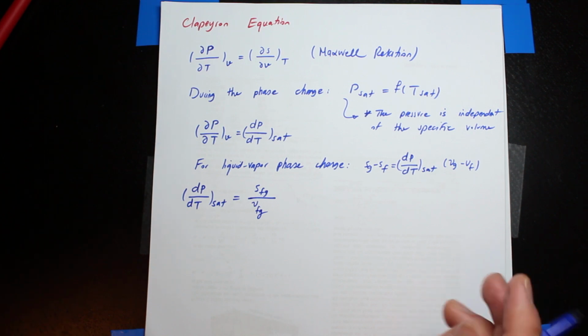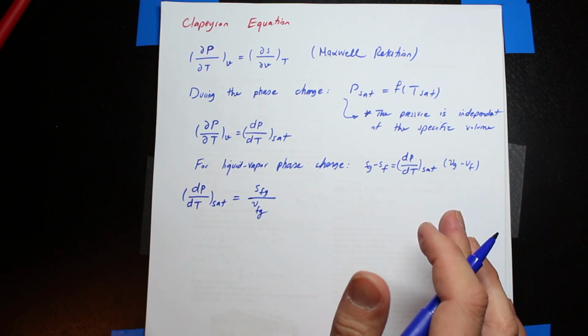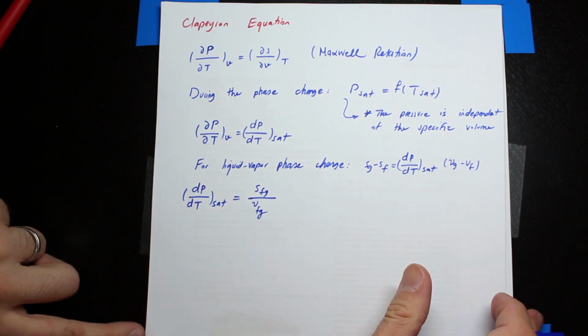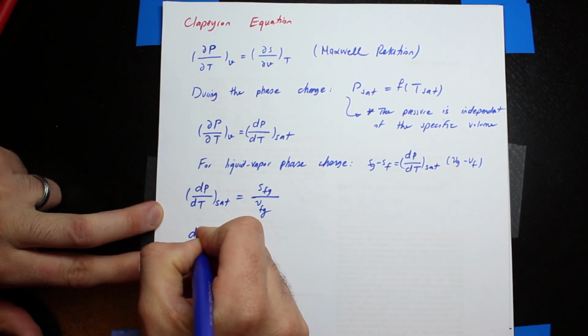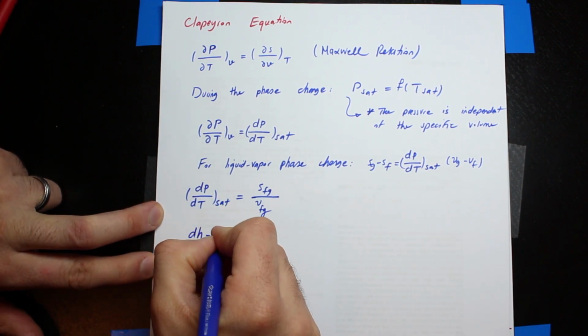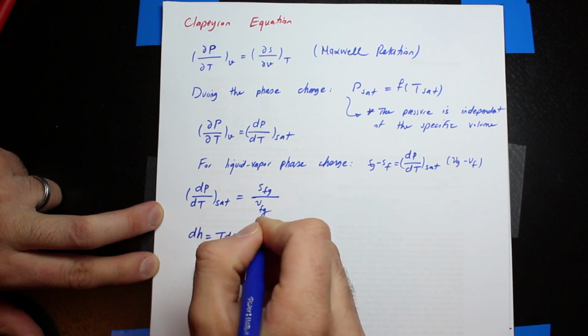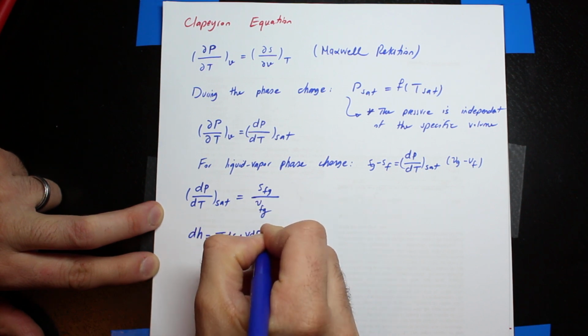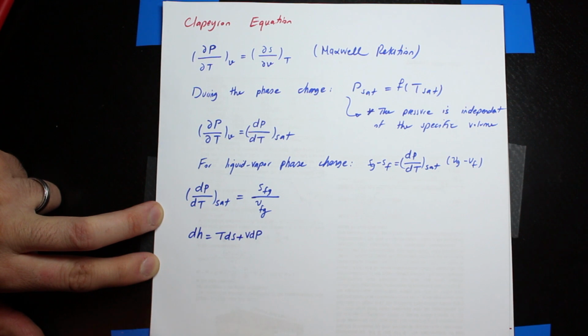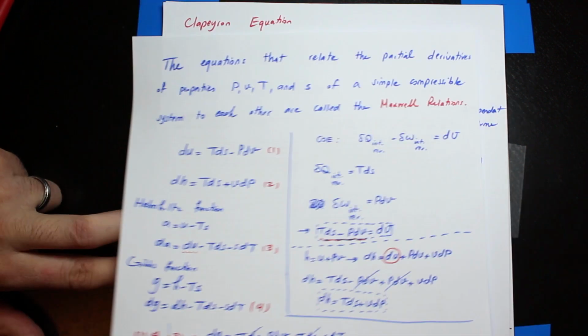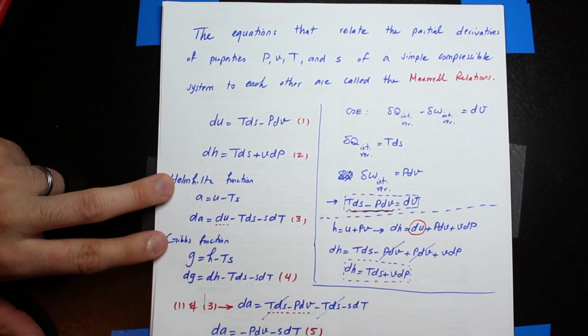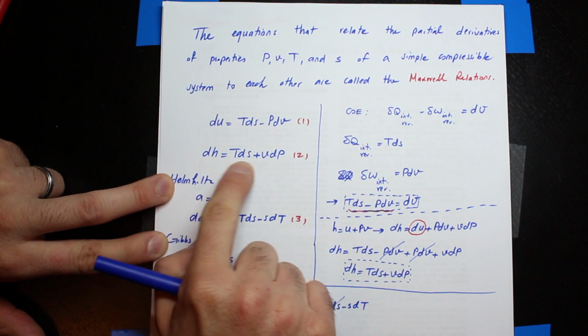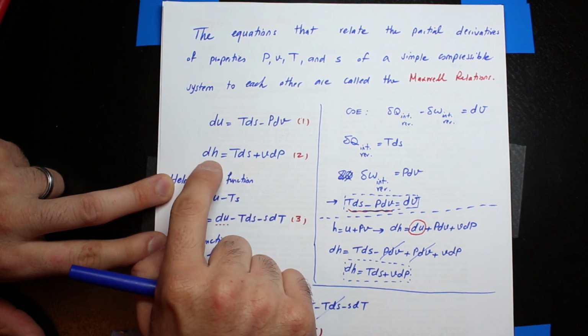Okay, so also one of the equations that we discussed last session said dH is equal to TdS plus VdP. This equation is coming from what we had last session, and I'm using it once again.